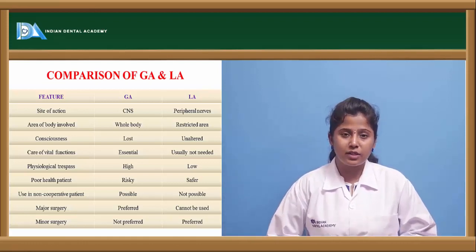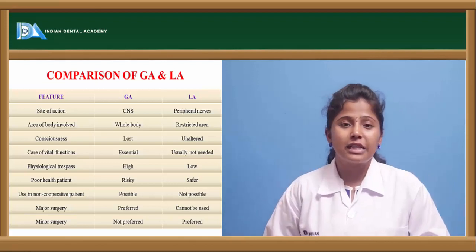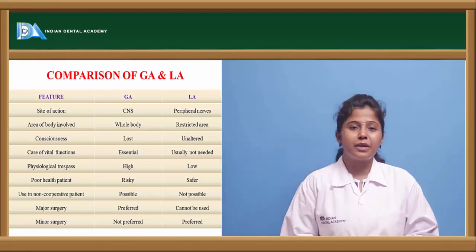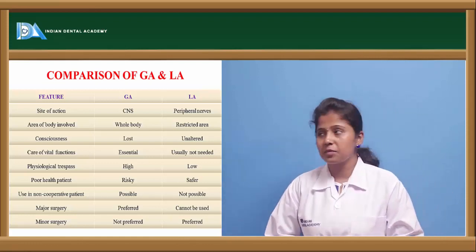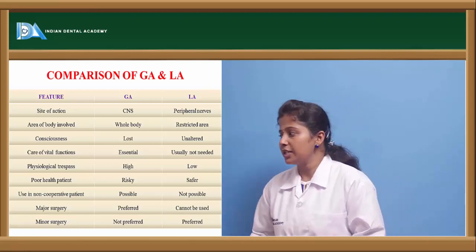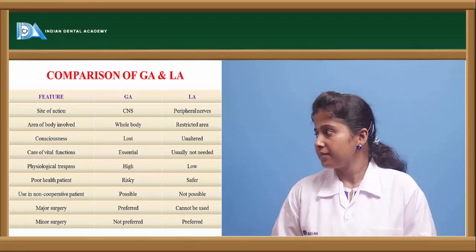But in local anesthesia, if a patient is not cooperating, it's not that easy to give it. And for major surgeries, general anesthesia is preferred, whereas local anesthesia cannot be used. For minor surgery, general anesthesia is not preferred, whereas local anesthesia can be preferred.